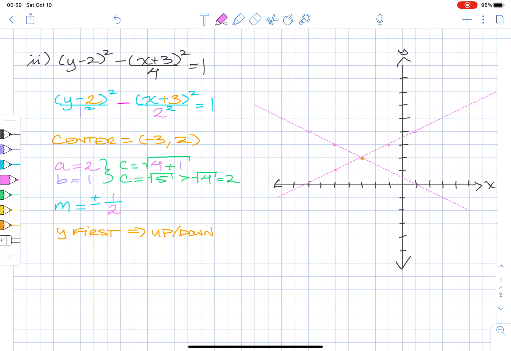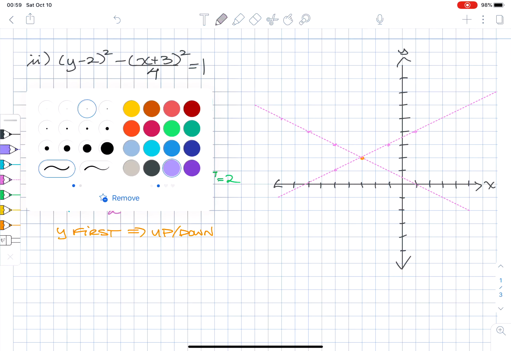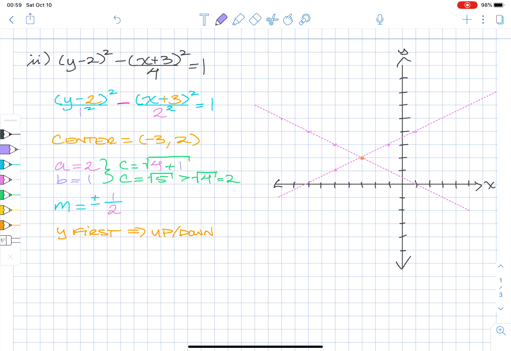Okay. And I know that this is an up-down hyperbola, so I'm going to go up 1 and down 1. And I'm going to draw my hyperbola, which will open asymptotically towards the asymptotes, like so.